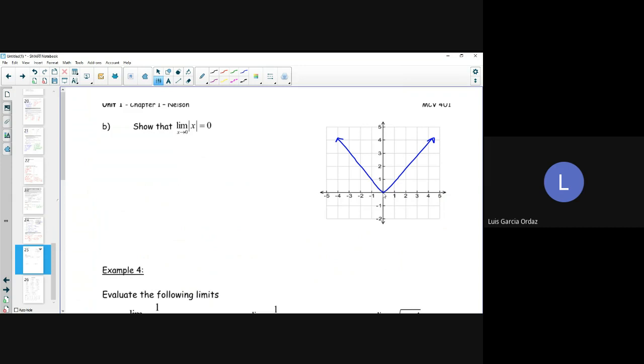Is that true or not, just by visually seeing it? Would you guys agree with that limit statement? I have one yes. How about everybody else in the class? Do you agree that the limit of x approaching 0 of the absolute value of x is equal to 0 based off the graph that we drew?